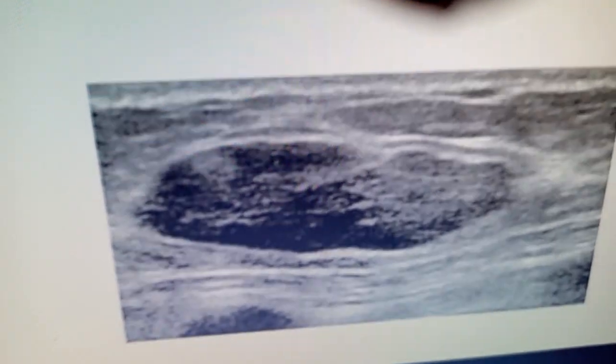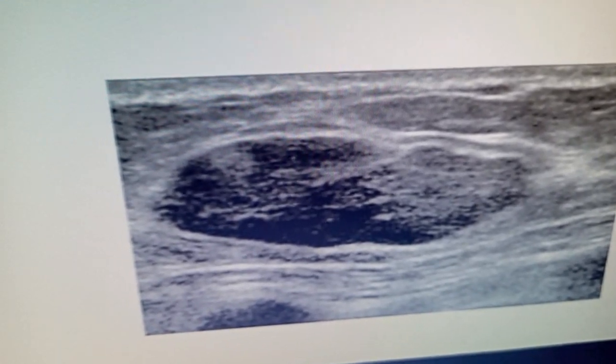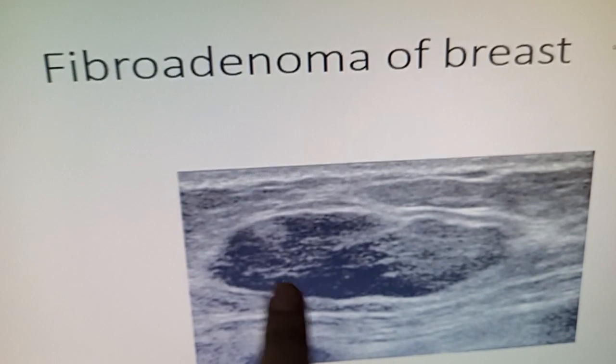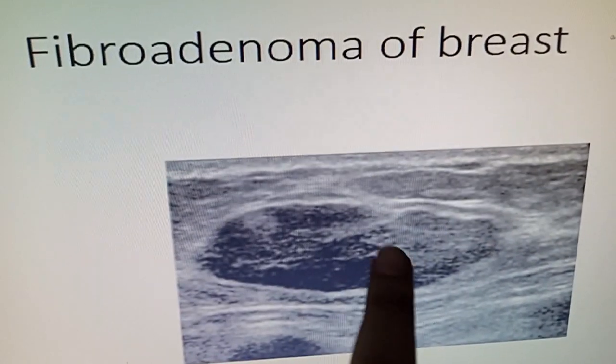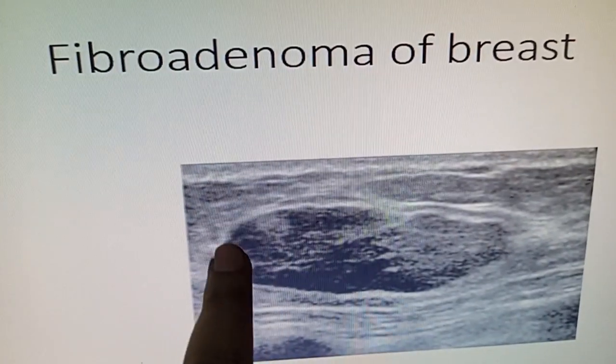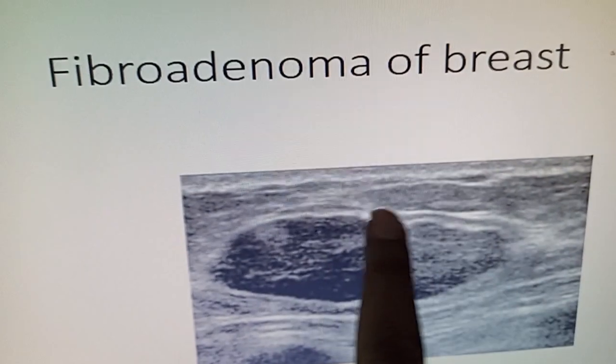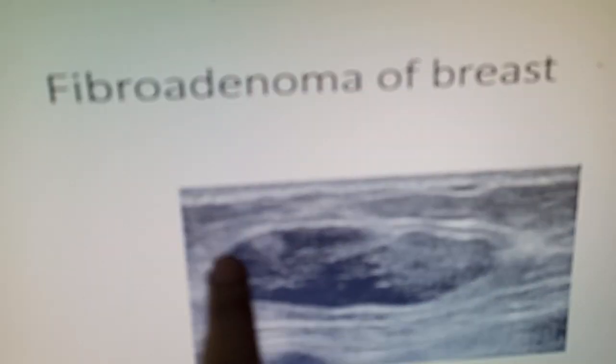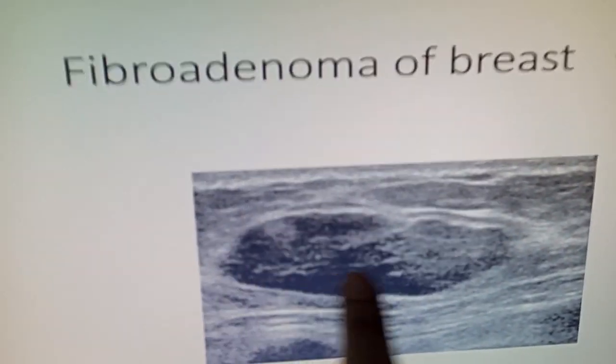This is the fibroadenoma of the breast. So this is a hypoechoic mass with a capsule. As you can see, this is the thin capsule, echogenic area, macrolobulated margins.